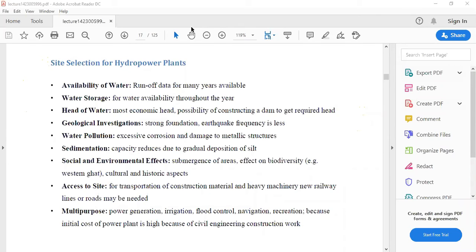So there is no construction cost to store the water. Only the cost of construction of the dam is involved, because, I'm talking about the Koyna hydroelectric power plant, almost all around the catchment area we have big mountains. With the help of that, the water gets stored inside the catchment area.